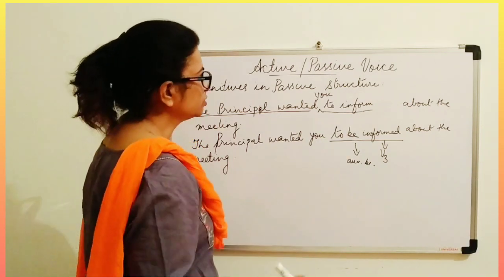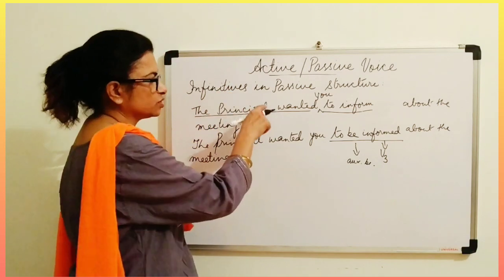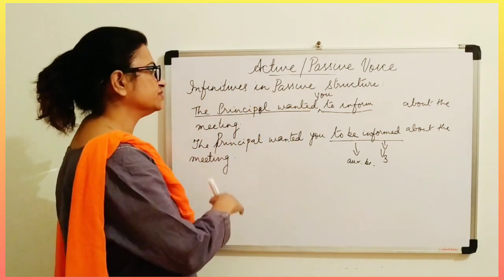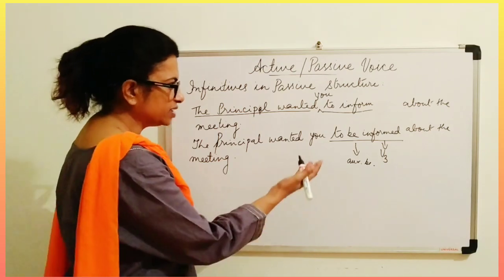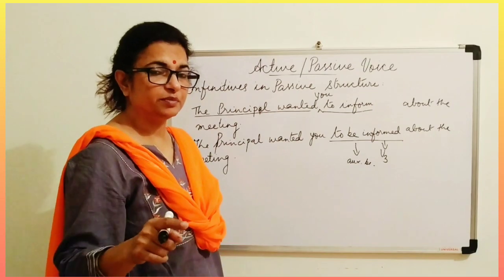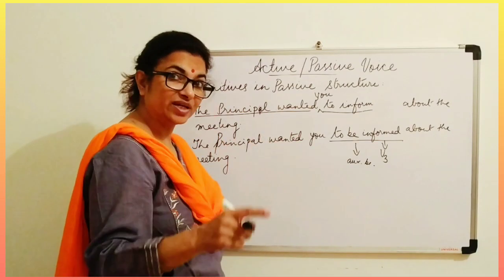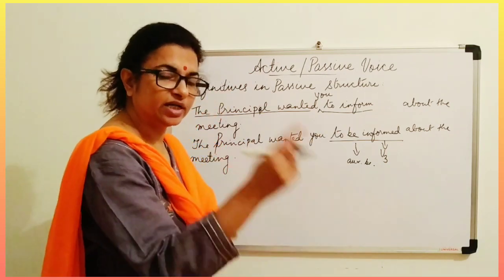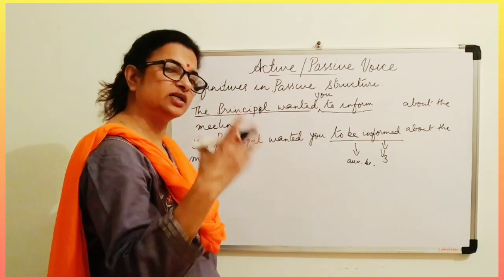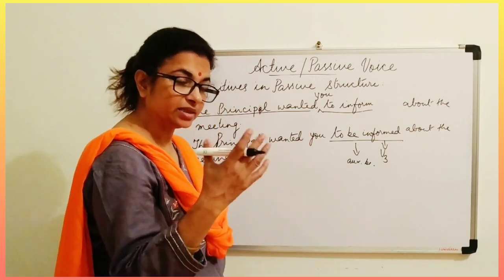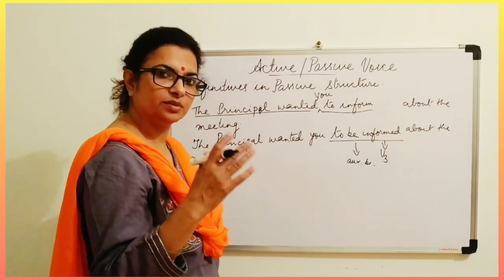This way you can frame infinitives also if they are there in the active voice. You can change infinitives into passive structures by inserting be and writing V3. You must always remember that in passive voice V3 always comes. So wherever you find a verb, try to sort out its third form and then apply that. If you apply that, your sentence is going to come out correct.